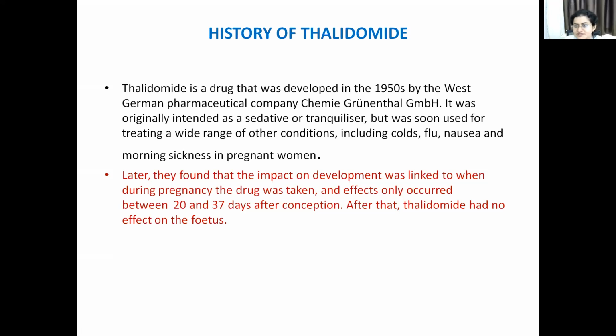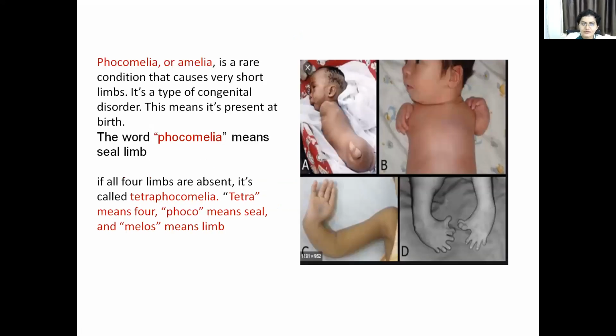Usually in the first trimester they complain of morning sickness, so they were giving this drug to treat it. But later they found that the impact on development was linked to when during pregnancy the drug was taken, and the effect only occurred between 20 to 37 days after conception. Whoever pregnant lady took this drug between 20 to 37 days after conception for treatment of morning sickness, those babies were found to have this congenital anomaly, that is seal-like limbs.